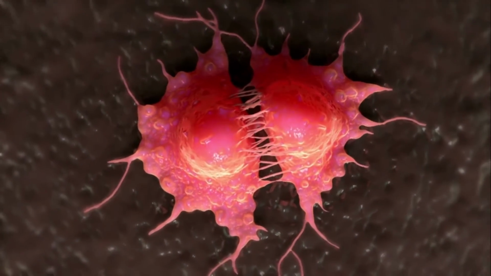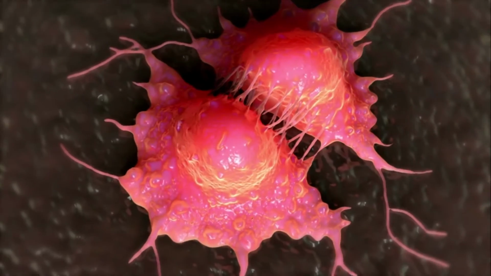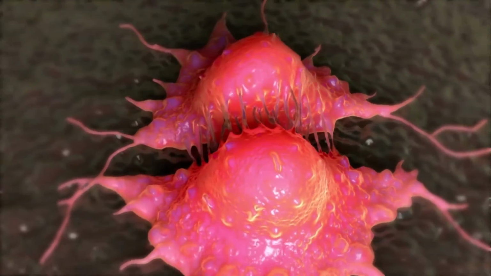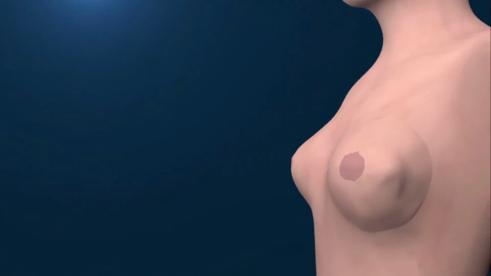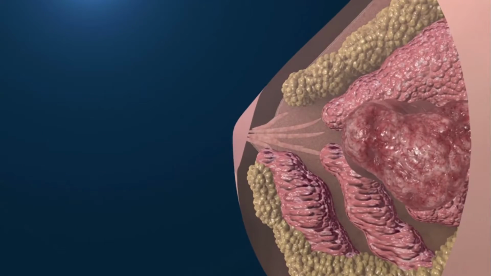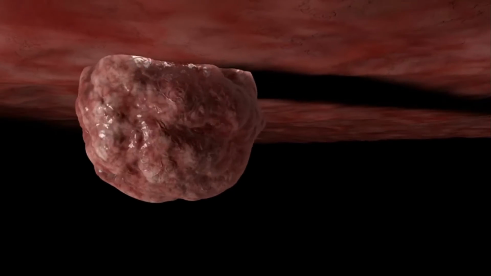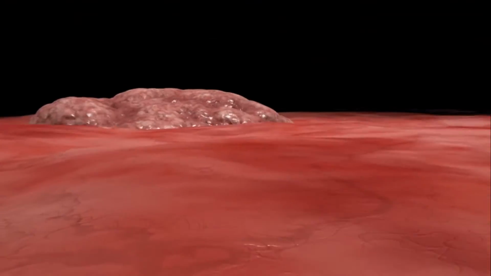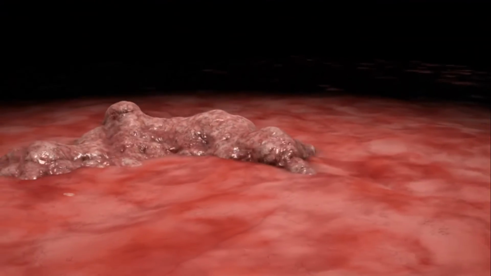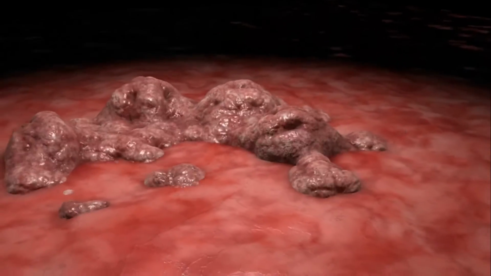Instead, they divide excessively and may invade other tissues of the body. In severe cases, they may continue to divide until they kill the host. Cancer cells are thus referred to as immortal cells because, unlike other human cells, they will never cease division.